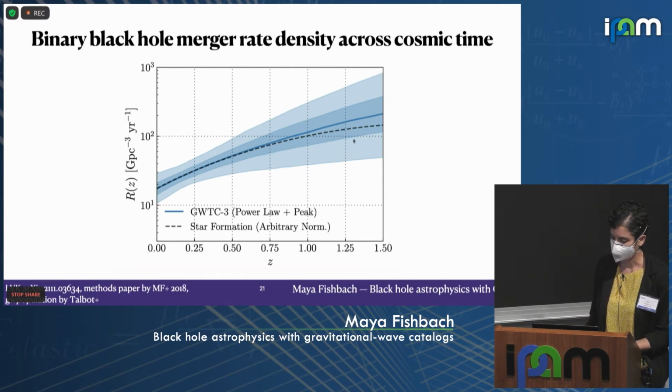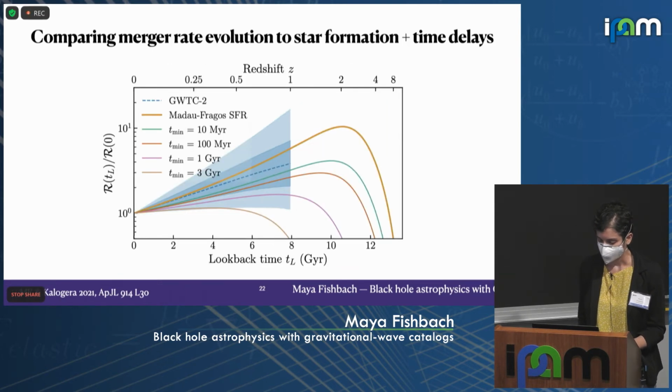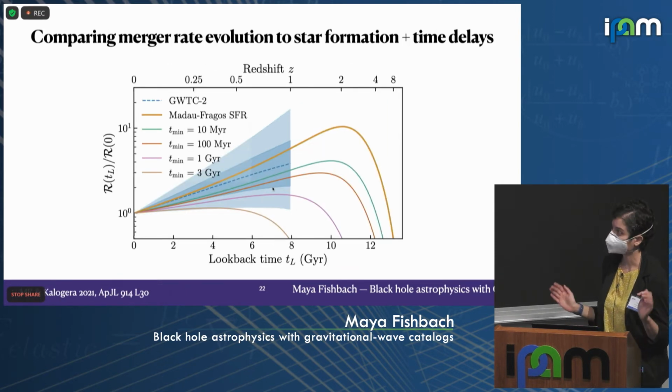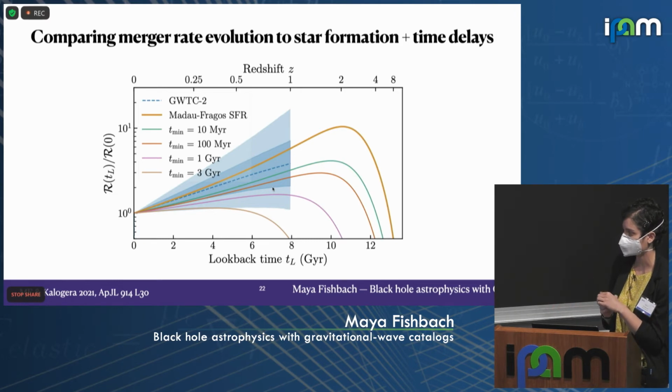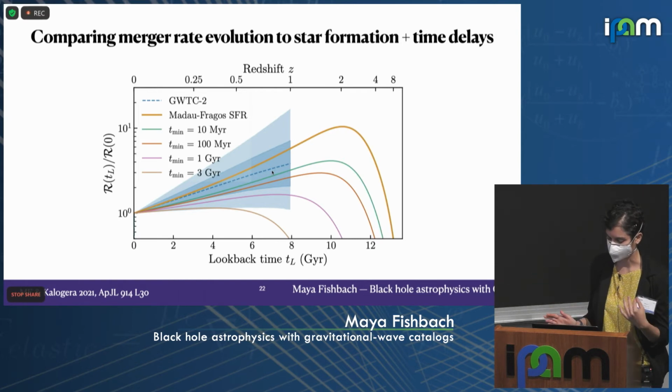And then for comparison, the star formation rate is shown here in black. So we can already learn a lot by comparing our inference of the merger rate evolution to the star formation rate. And here is one way of doing that comparison. This, in blue, shows basically the same thing as before, but it's a little bit older.